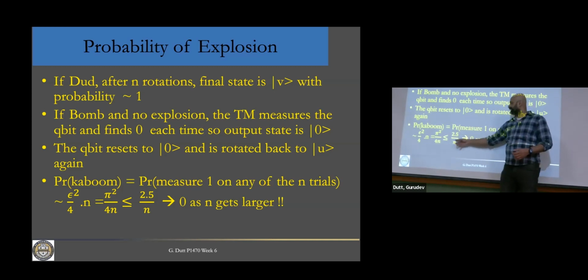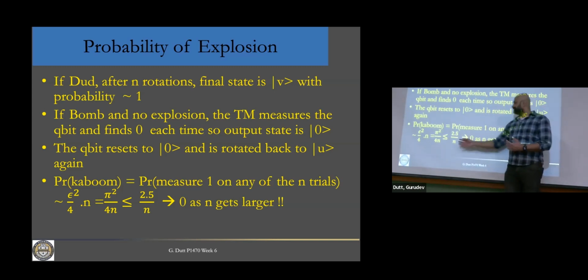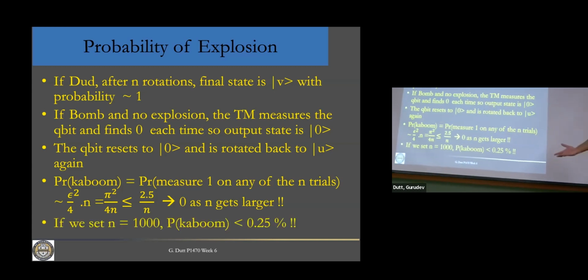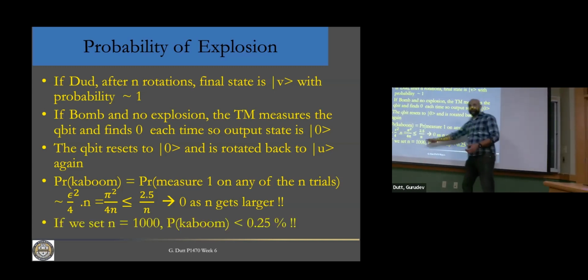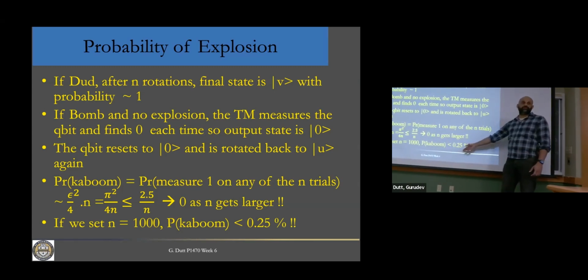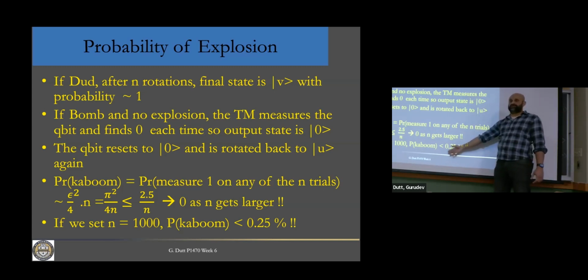And that goes to 0 as n gets larger. So if I pick n large enough, I can make this probability basically go to 0. So, just as a quick calculation, if I set n to 1,000, then the probability of an explosion goes to less than 0.25%. So we went from 25%, which was the case when we chose the plus state, to less than 0.25%.